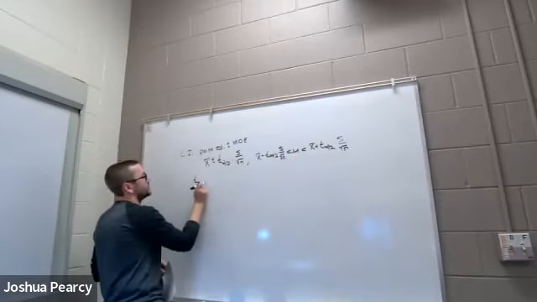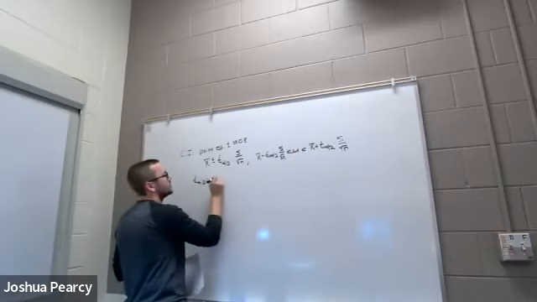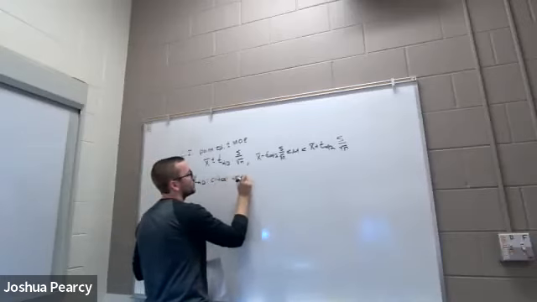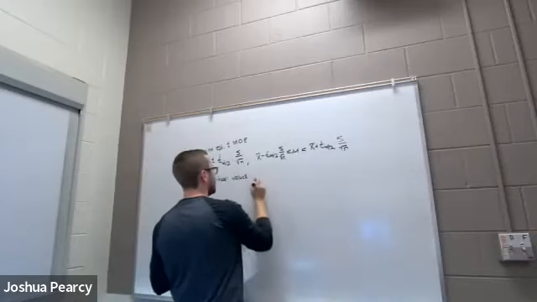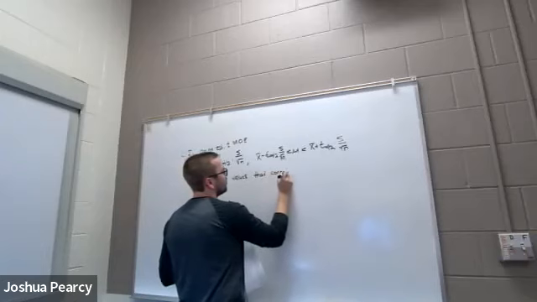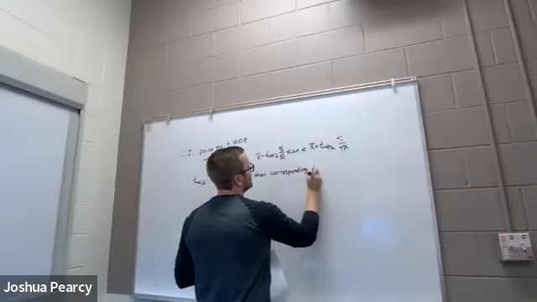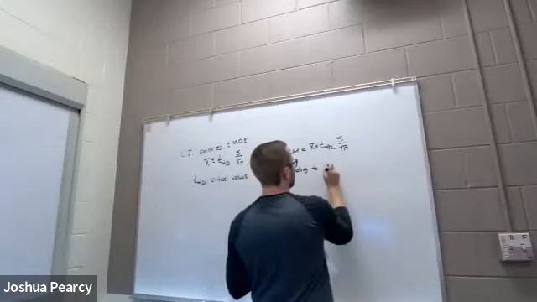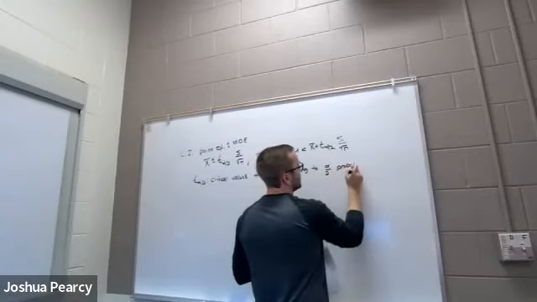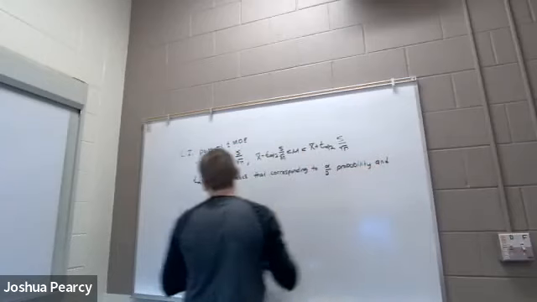So T alpha over 2 is the critical value that corresponds to alpha over 2 probability and degrees of freedom.